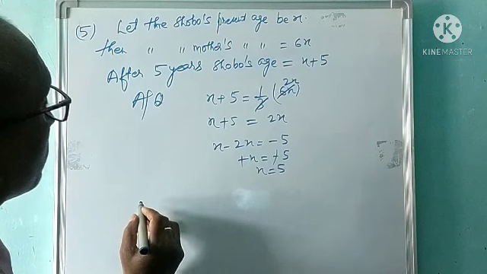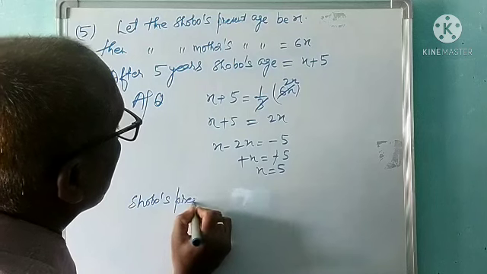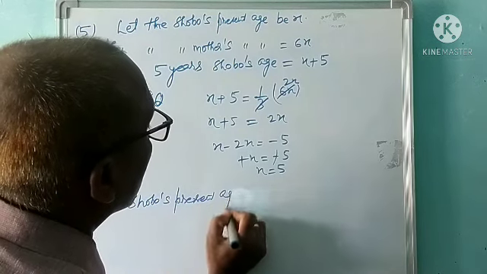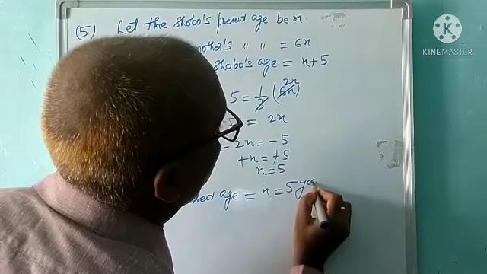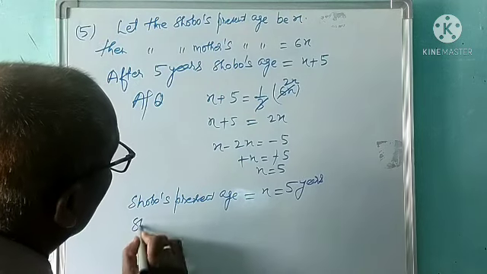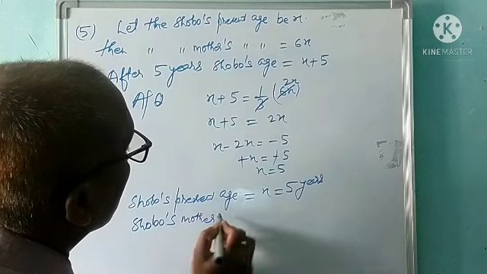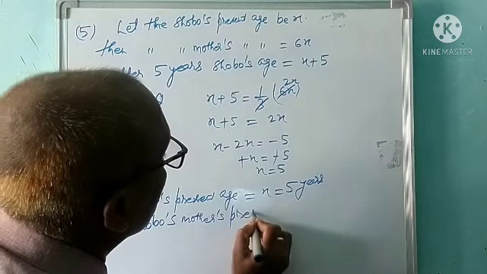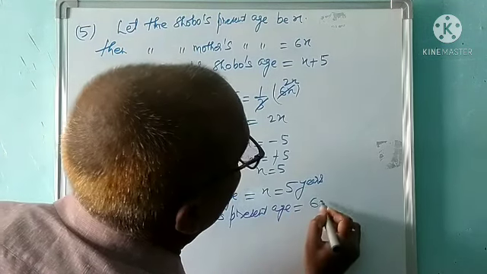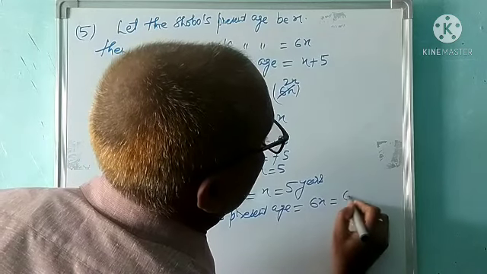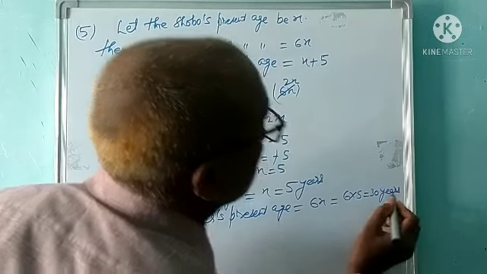Means Shobu's present age is equal to x is equal to 5 years, and Shobu's mother's present age is equal to 6x, that is 6 into 5, 30 years.